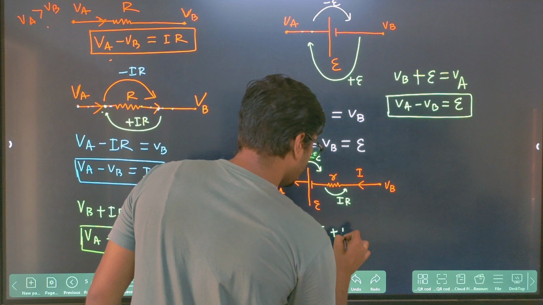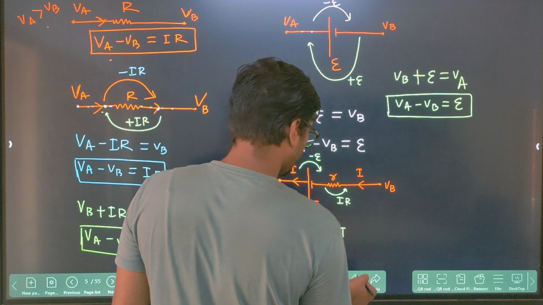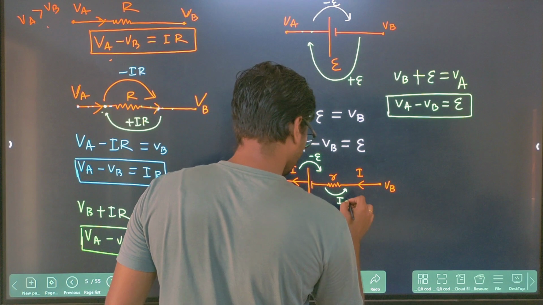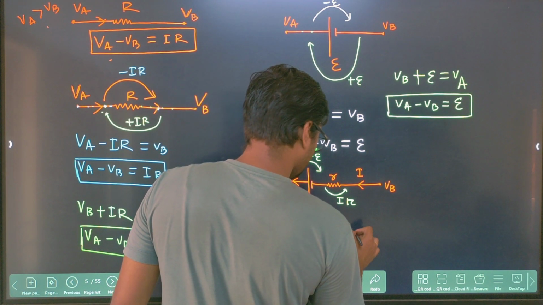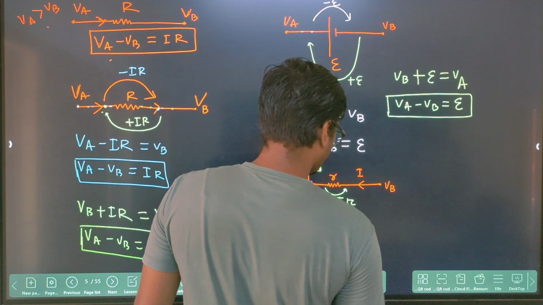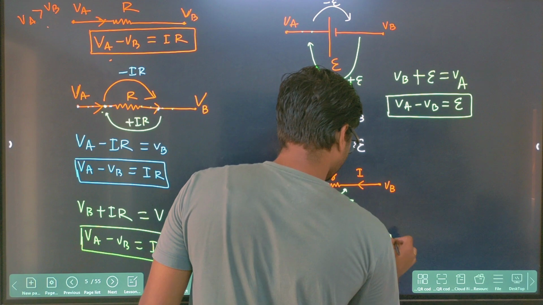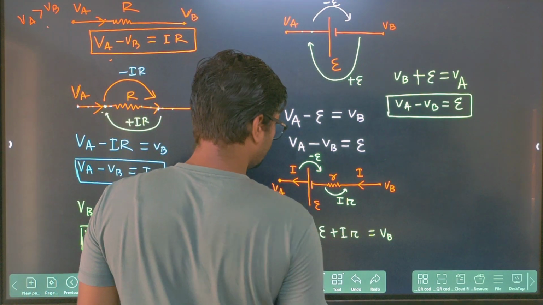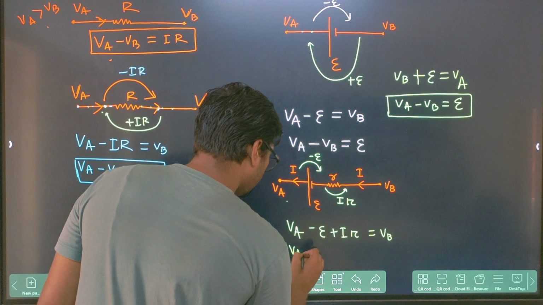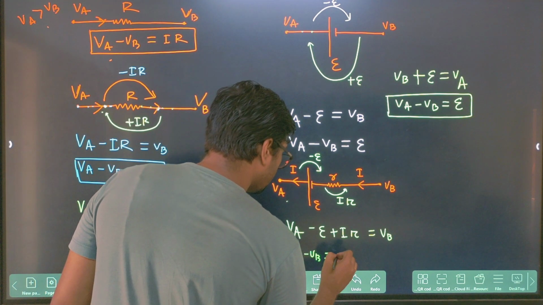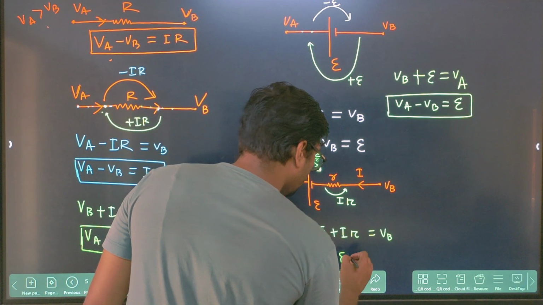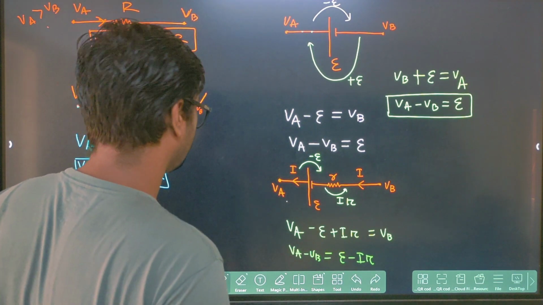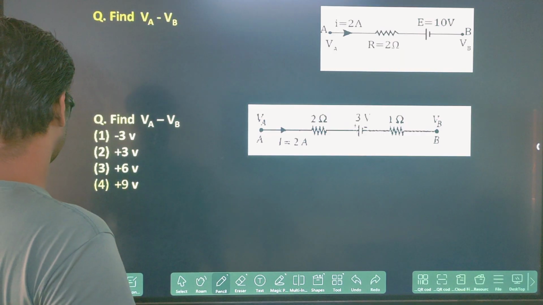So this will be plus I into R. Small r we have taken, so you can take small r here. So I into small r is equal to your VB. Clear? So I can write VA minus VB equal to E minus Ir. This is going to happen. Clear? Okay.